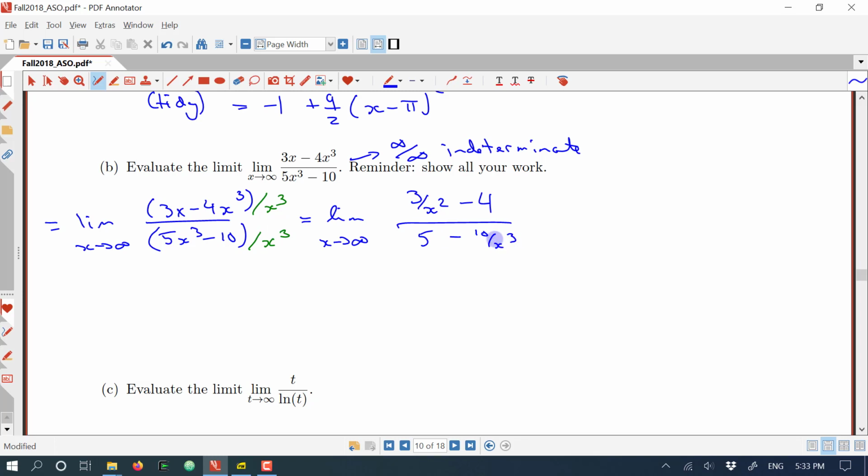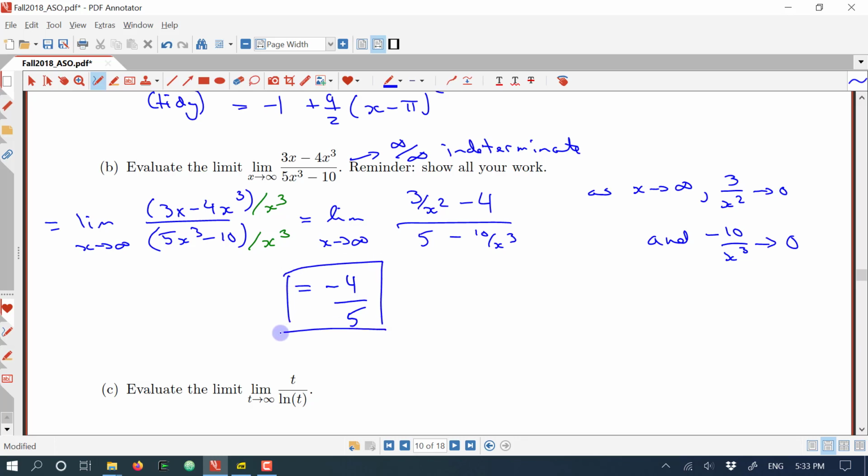Now, the lovely part about that is that as x approaches infinity, 3 over x squared is going to be dividing by larger and larger numbers, heads towards 0. And negative 10 over x cubed is going to do the same thing. It's heading towards 0. So each of these terms in the numerator and denominator go away, but the negative 4 and 5 remain unchanged as x changes, and so we have our limit of negative 4/5.